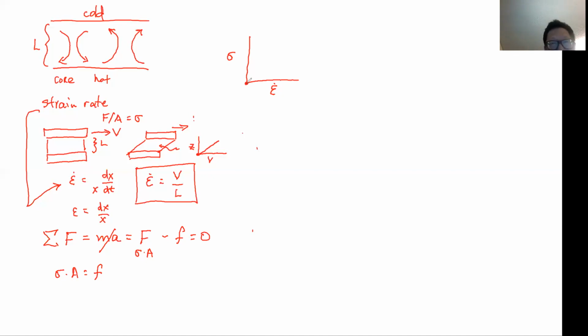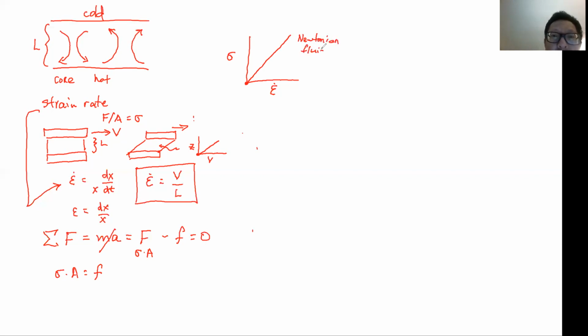Now, if I start to apply a shear stress, it will start to move. And the higher the stress, the faster it will move, the faster it will deform. There is a type of rheological property where that relationship is linear. We call this a Newtonian fluid, okay?